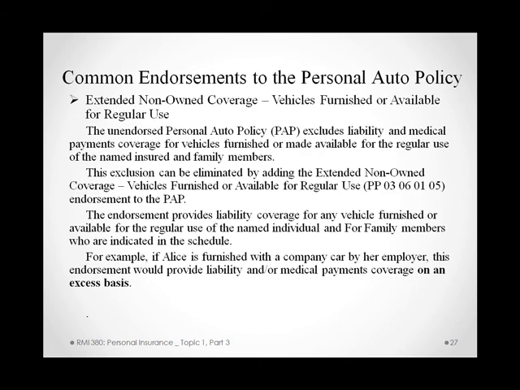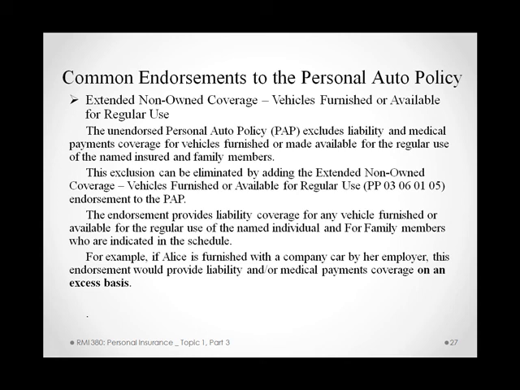The extended non-owned coverage would help to pay for the vehicles that you don't regularly use, but still want to have covered. The unendorsed personal auto policy will exclude liability and medical payments coverage for vehicles furnished or made available for the regular use of the named insured and the family members.